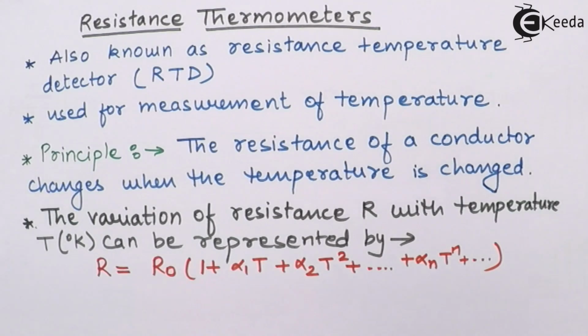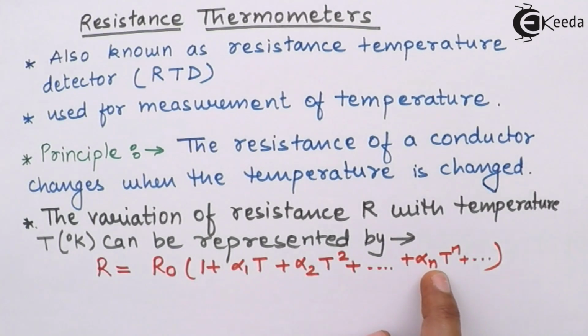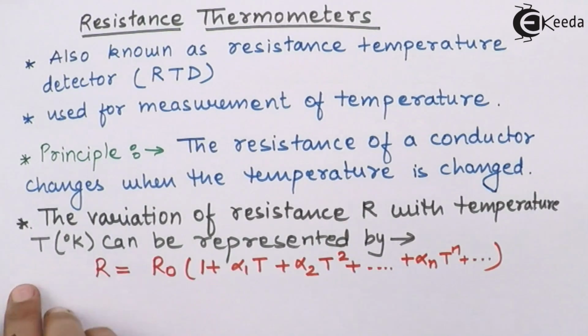In this way the equation continues. Here R is the resistance of the metal, R naught is the resistance at temperature T equals 0 kelvins, and alpha 1, alpha 2, alpha 3 till alpha n are constants.